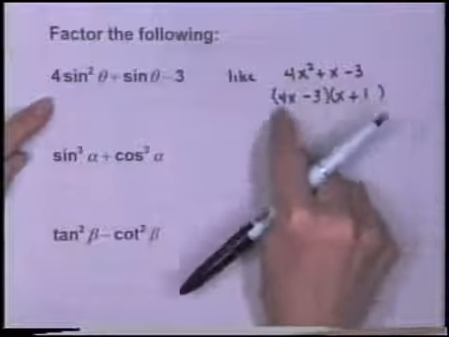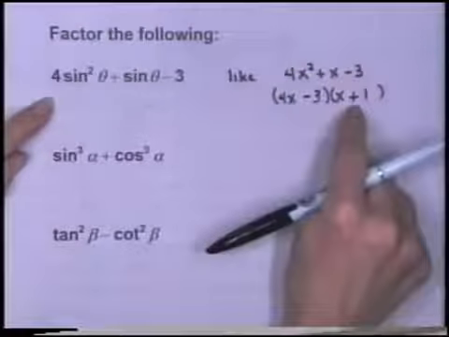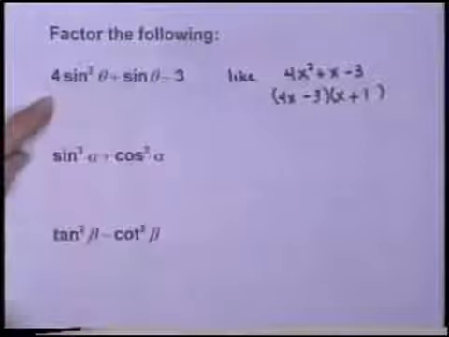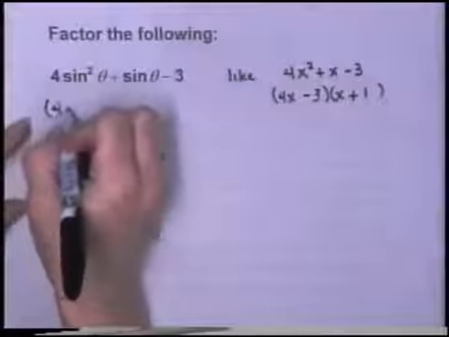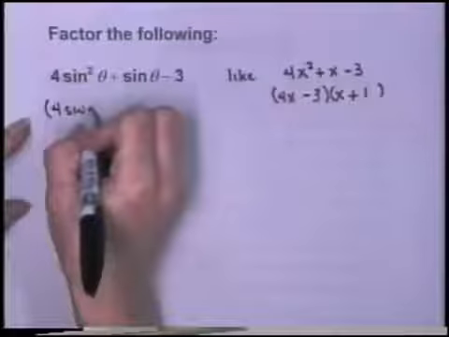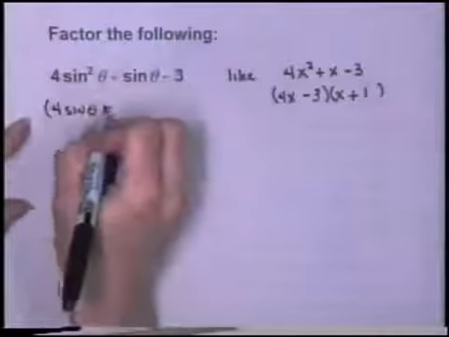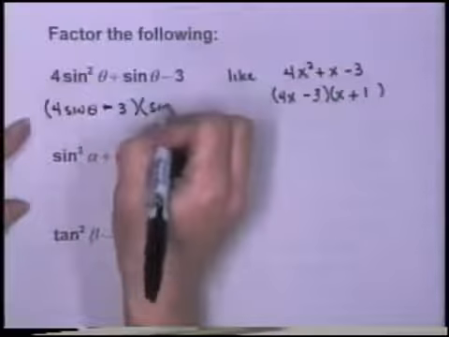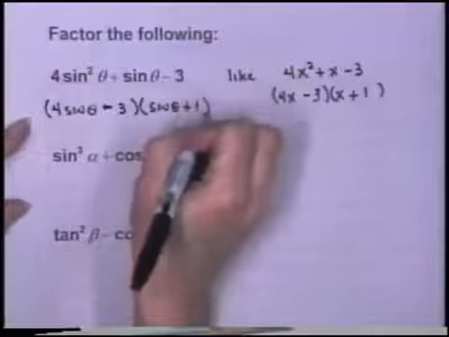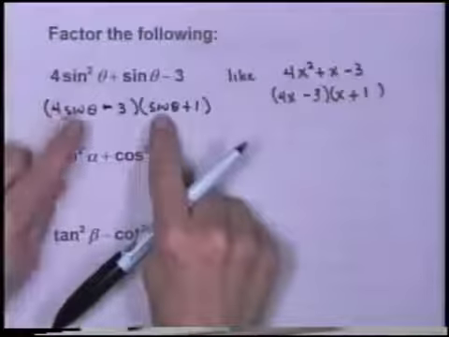So this problem is going to be exactly like this, except in place of x, we're going to have this trig function sine theta. So since we've already done the work over there, I'm going to write 4 sine theta minus 3 times sine theta plus 1. Now let's look at this.